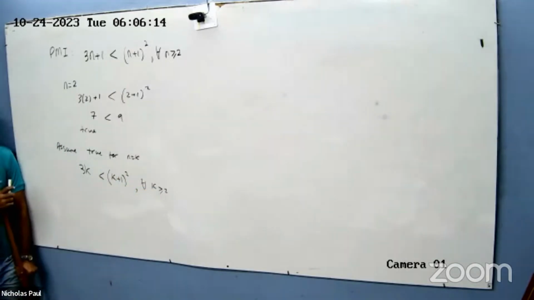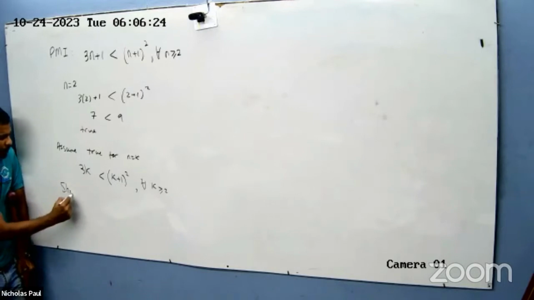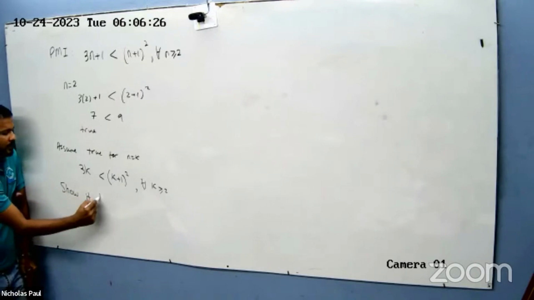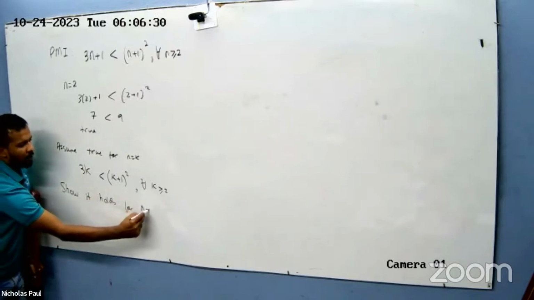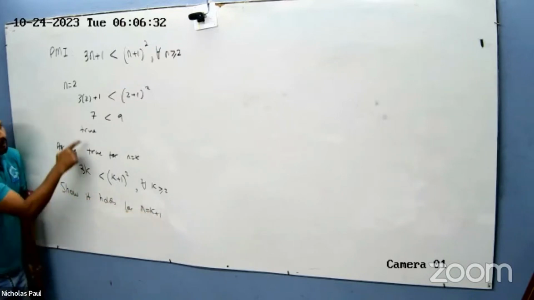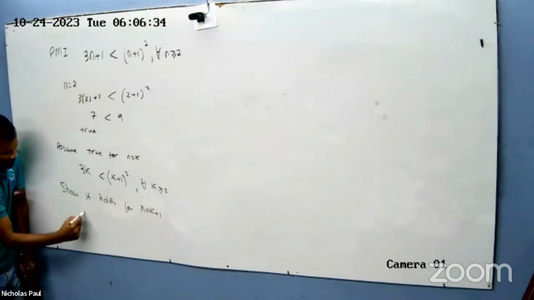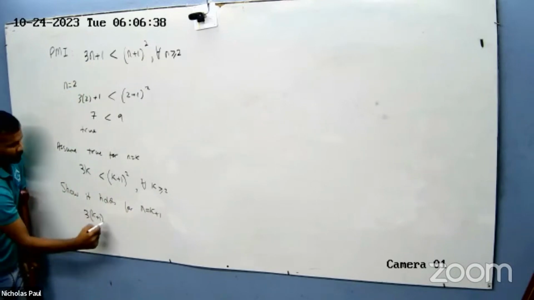Next step is what? So you want to show it holds for n equal to, so again, I'm going to take off n and I am going to write k plus 1.